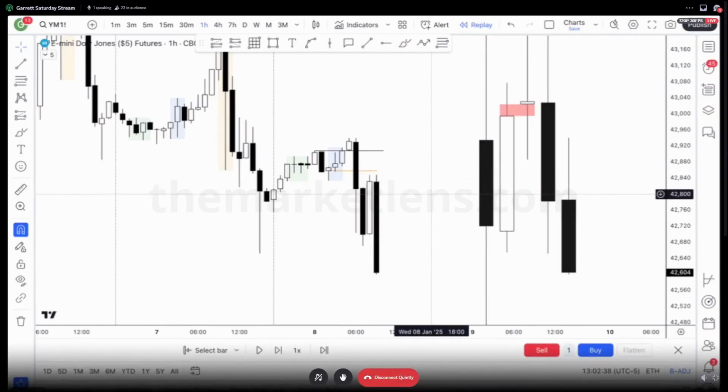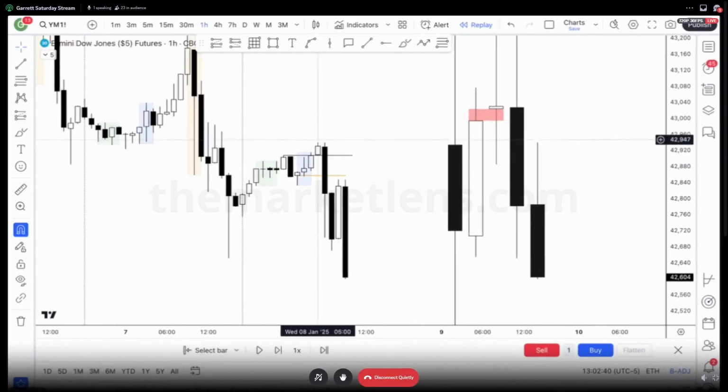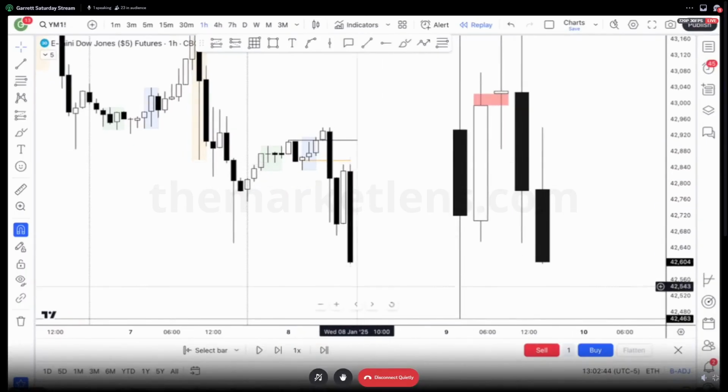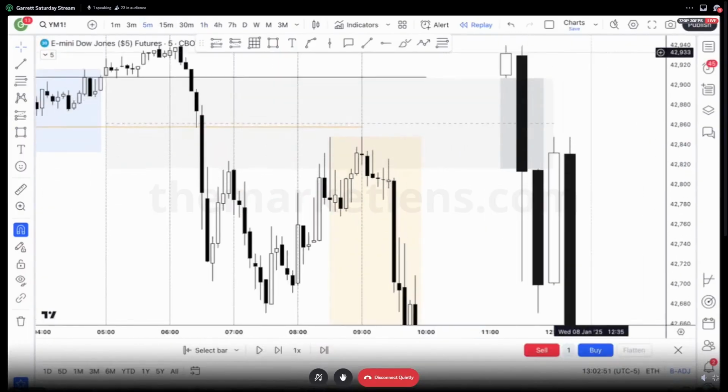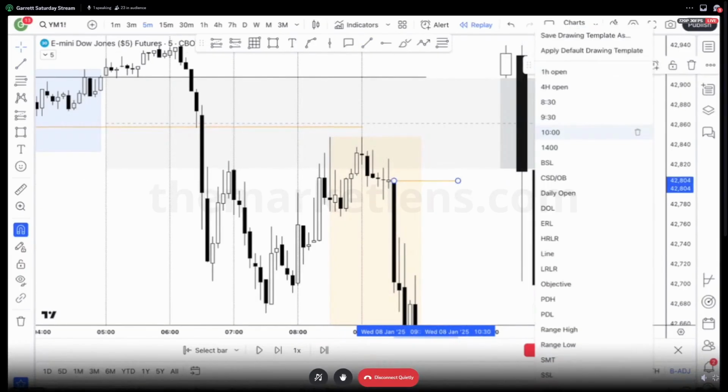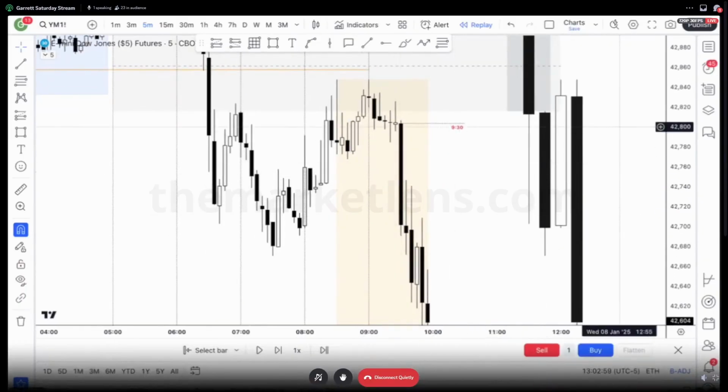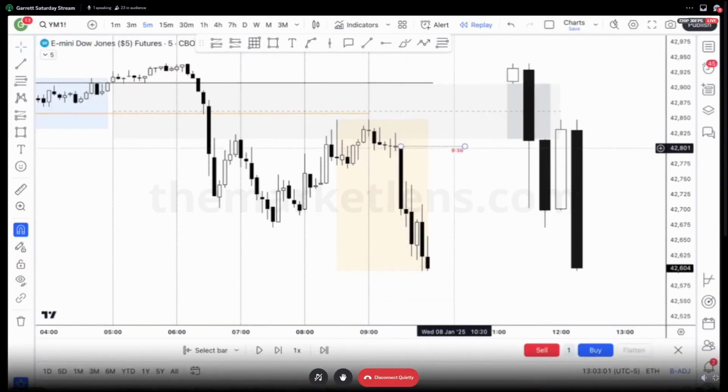So again, the confirmation to this being the high of the day is when 9:30 expands away from it, and we're also in this fair value gap here. So we just expand away, but I can't really get an entry right here. It just moves too quick without me.